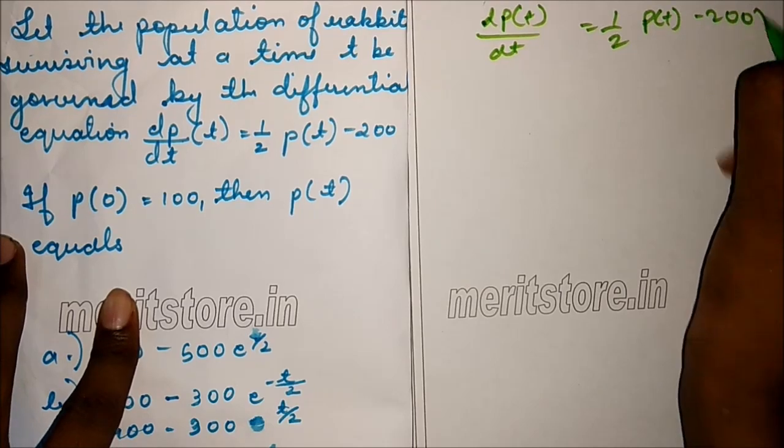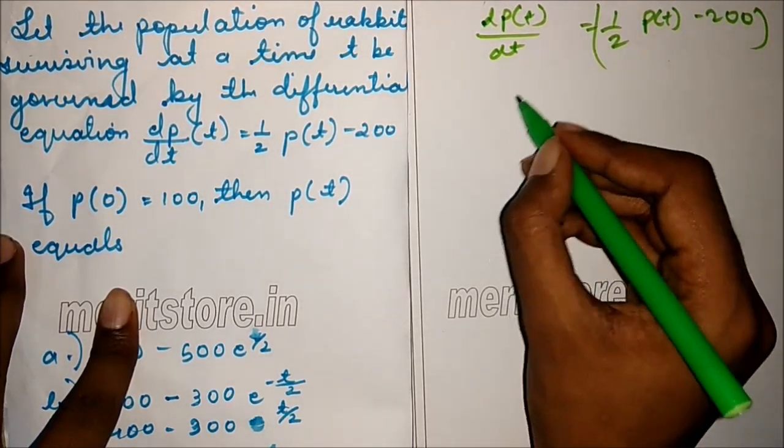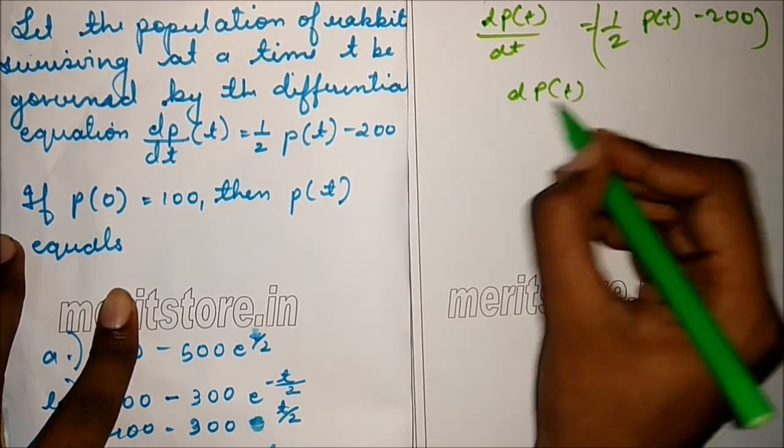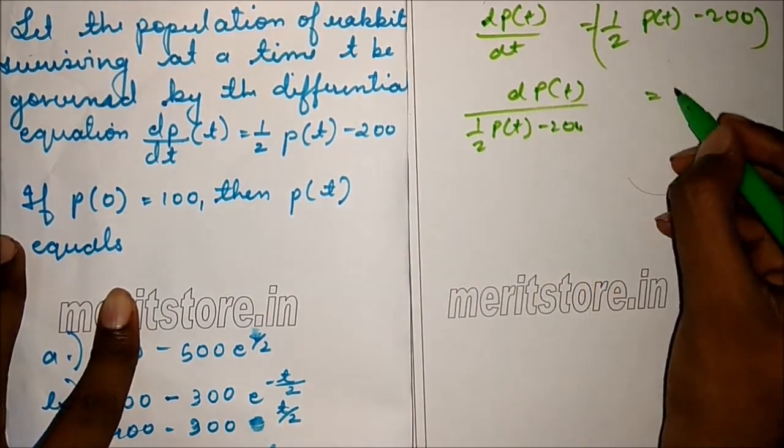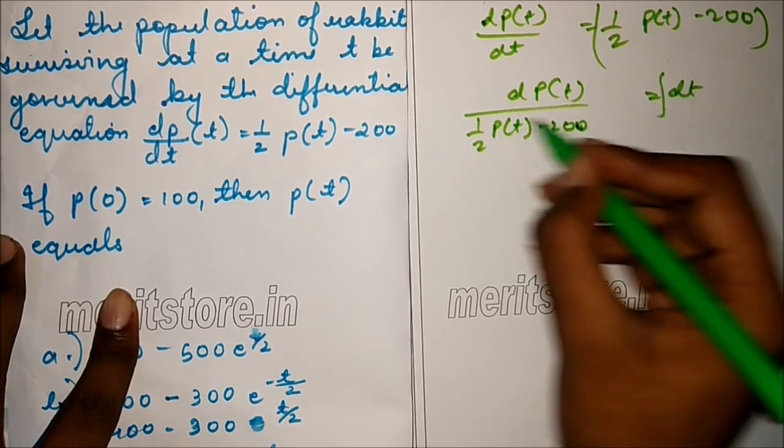minus 200. Now bringing this whole term to LHS, we get dp(t) divided by half of p(t) minus 200 equals dt. Now we integrate this.